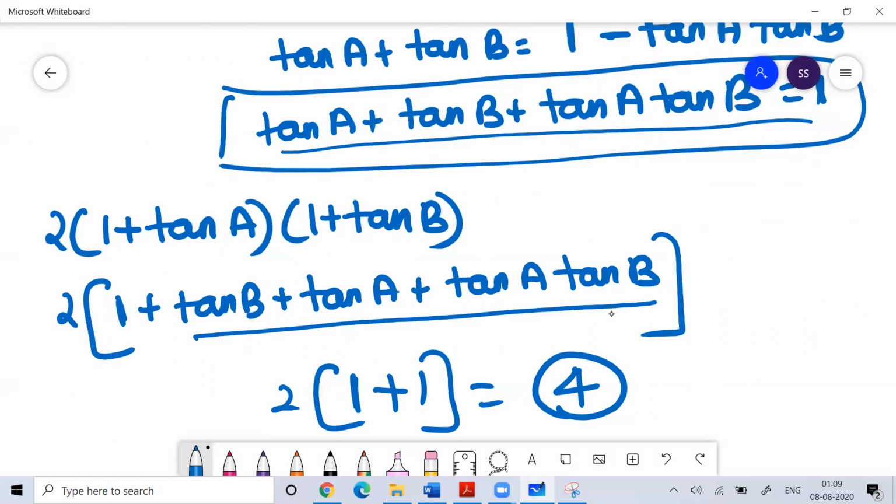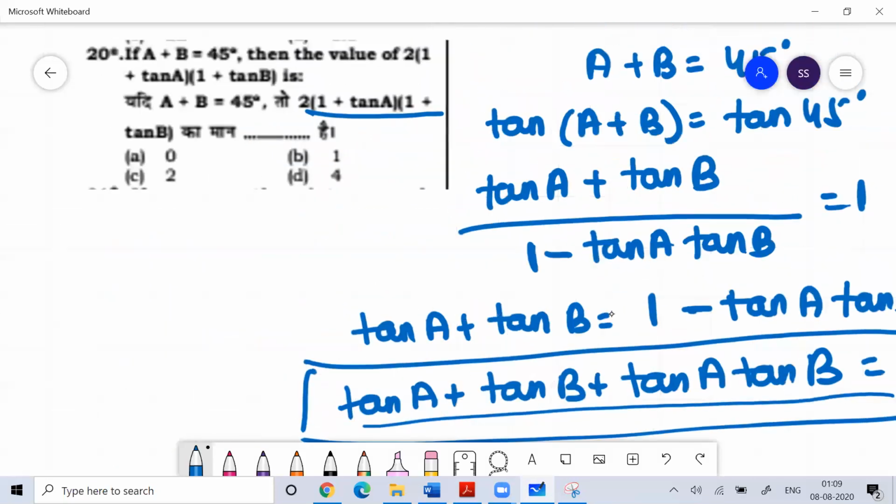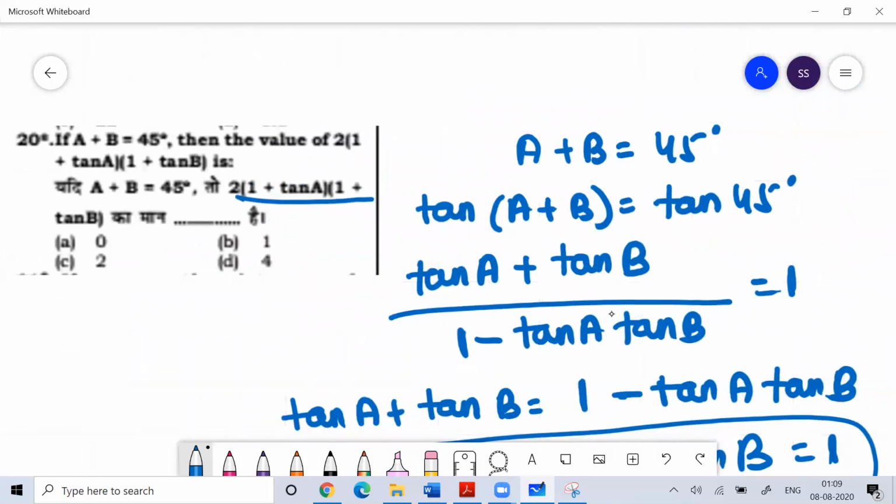To understand this, you could have done this problem provided you know what tan a plus b is. So tan a plus b is tan a plus tan b divided by 1 minus tan a tan b. Then what is sin a plus b? Sin a plus b is sin a cos b plus cos a sin b. Sin a minus b is sin a cos b minus cos a sin b. Cos a plus b is cos a cos b minus sin a sin b.